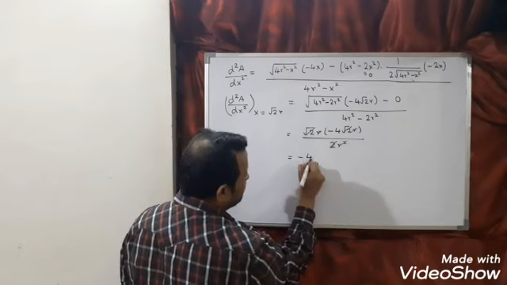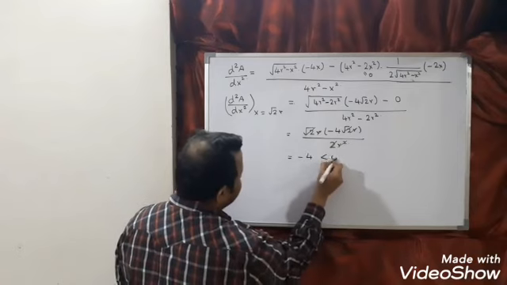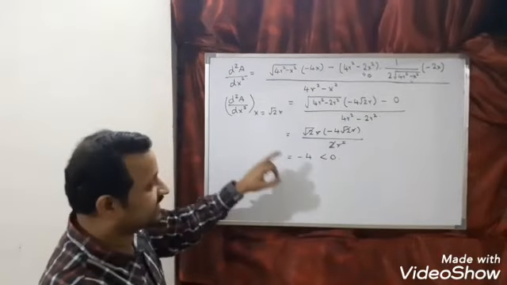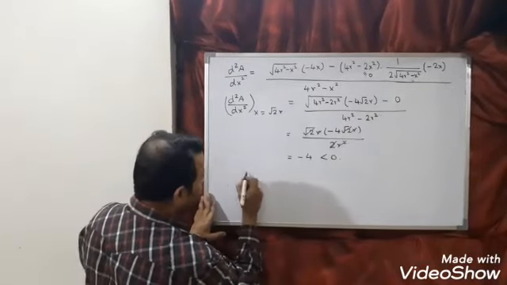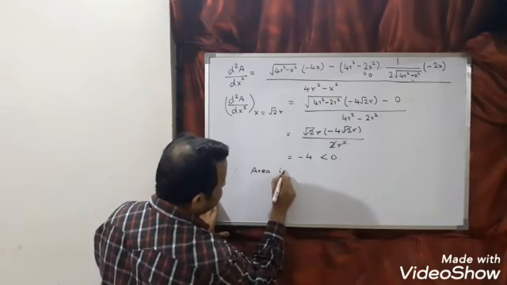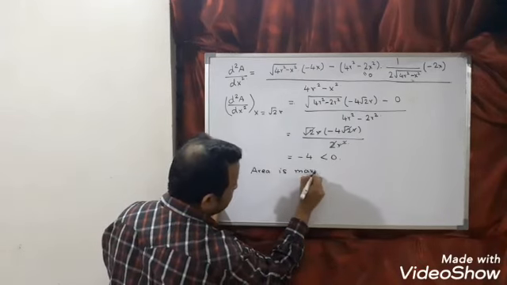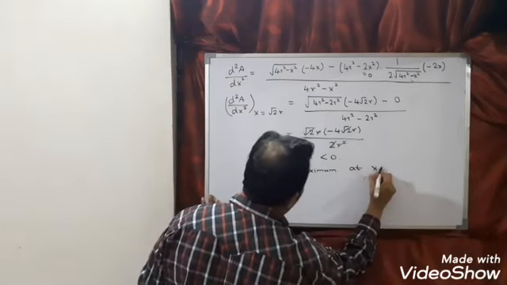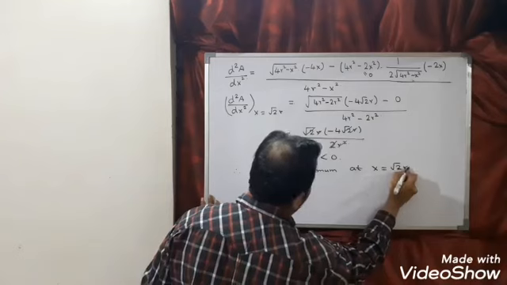You will get minus 4. So here I can say second derivative at x is equal to root 2r is negative. If second derivative is negative, so what we can say? Therefore, area is maximum at x is equal to root 2r.